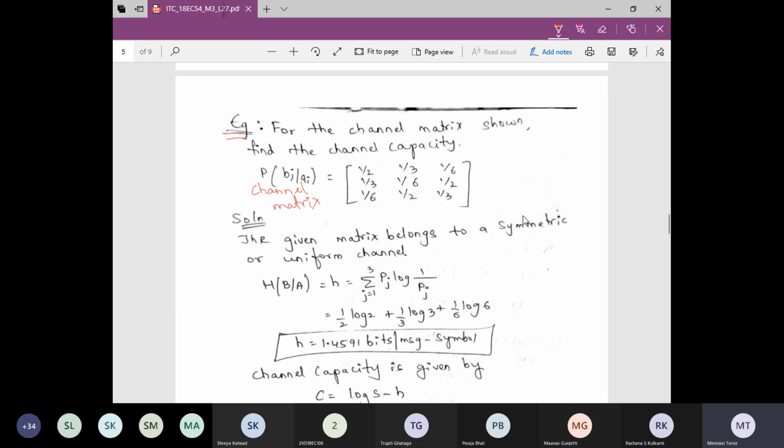Even the third row has the same elements. The second and third rows have the same elements as the first row but arranged in a different form. Hence, it is a uniform channel or symmetric channel.